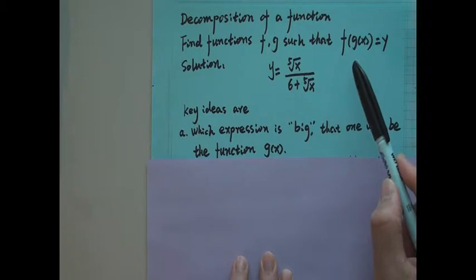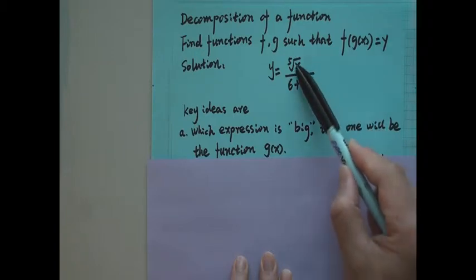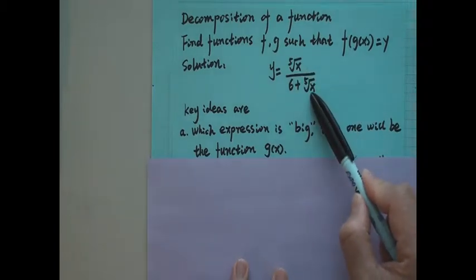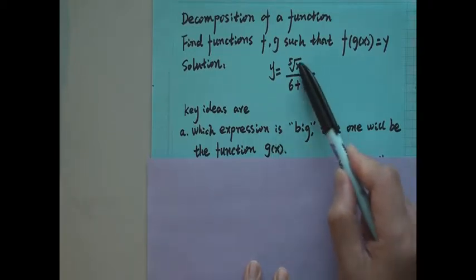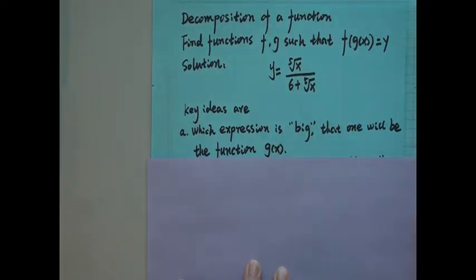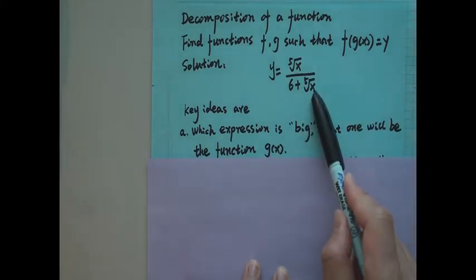And then how to find g of x? Those two are the same, and they are big, so this one will be g of x. Okay? So g of x is easy to find. In this case, you can see g of x should be fifth root of x.